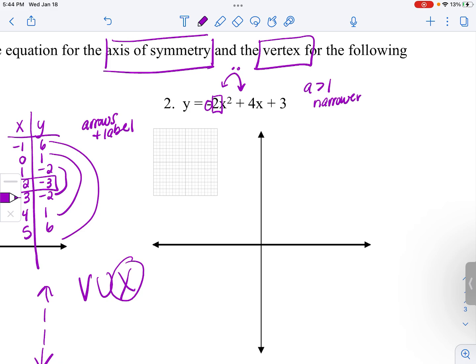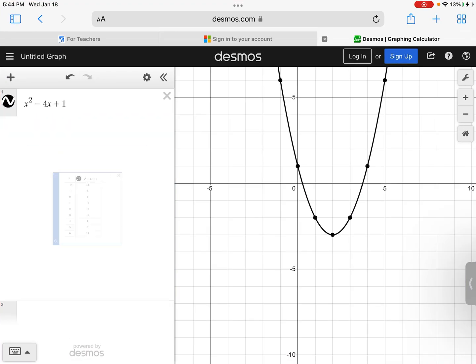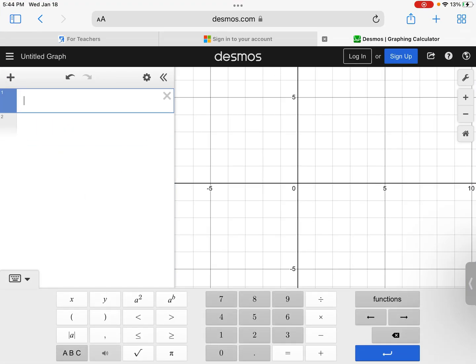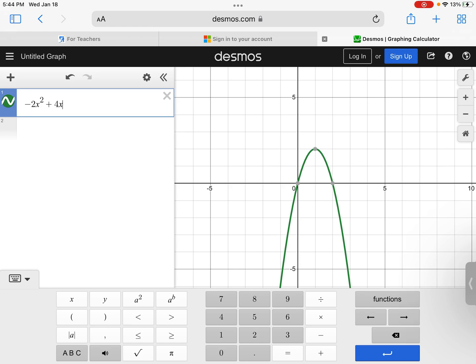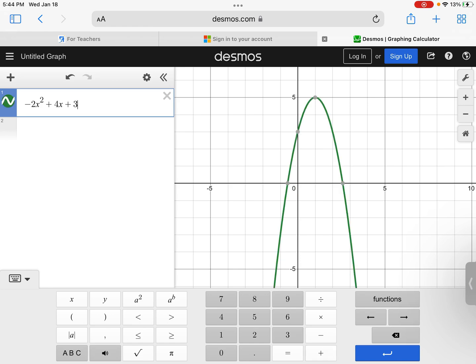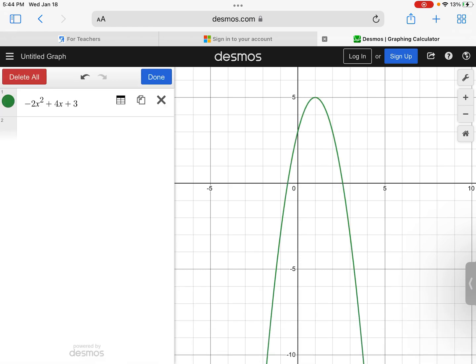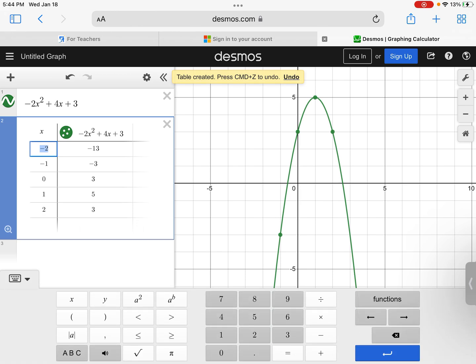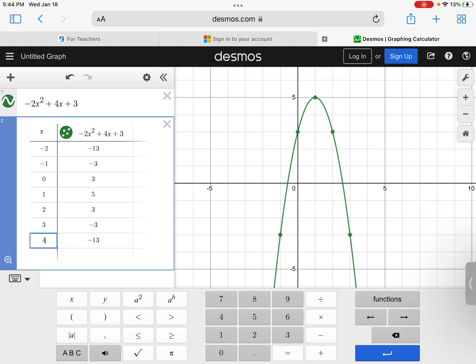I'm going to graph this one. I have not graphed this one yet, so just bear with me. You should all be doing the same on your calculator. Let's see. I'm going to add a few more points to my table here.